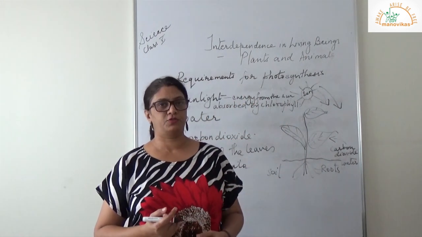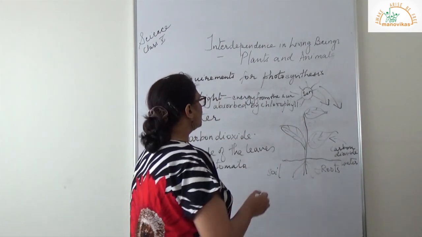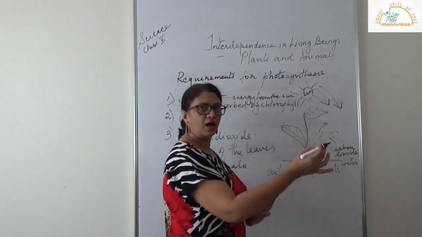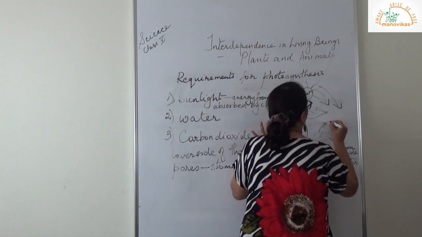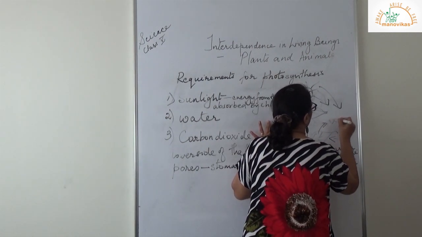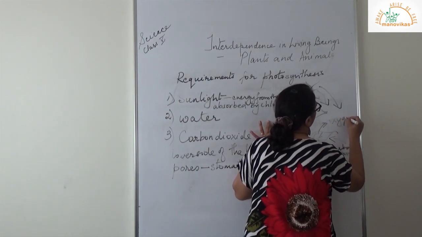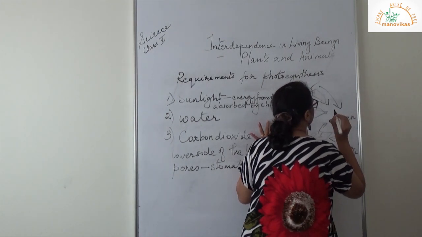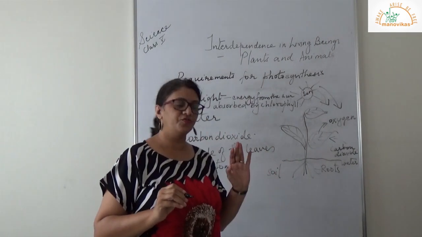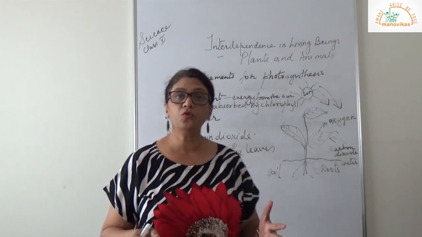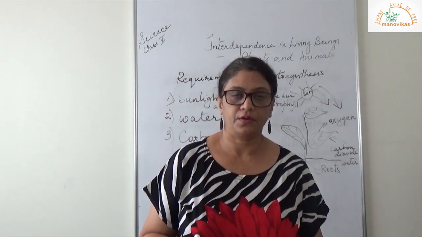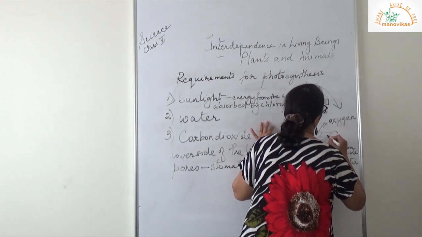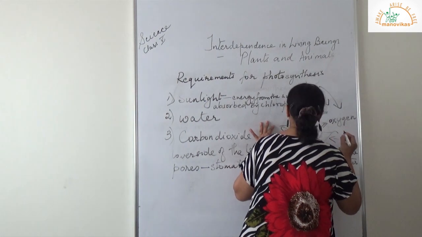Now, during the process of photosynthesis, what is given out? See my arrow. What is given out? Oxygen. Oxygen is given out during photosynthesis, and food is prepared in the form of sugar.